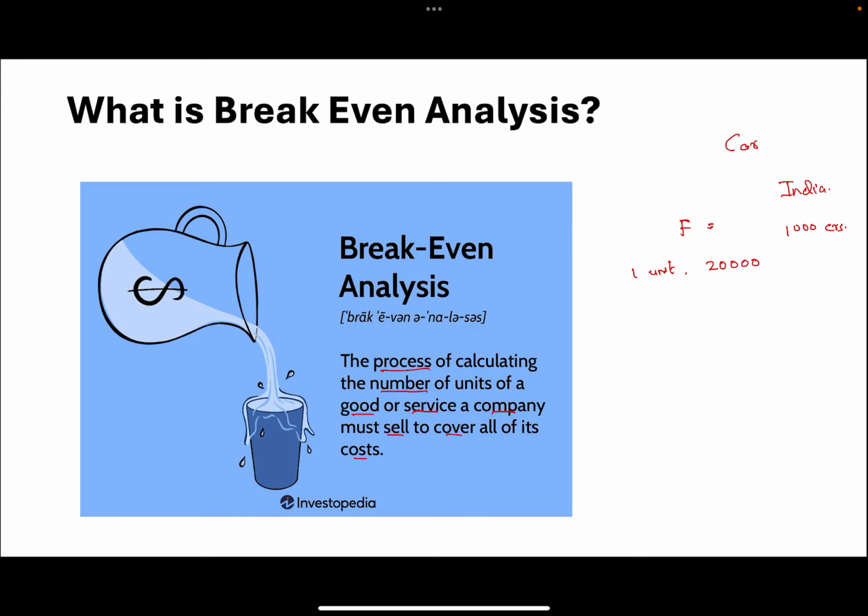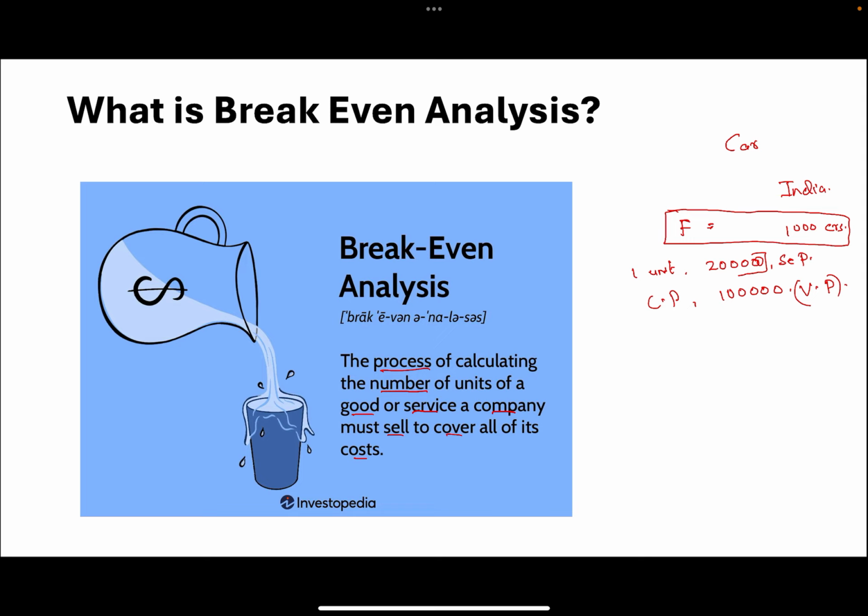First I told you about the fixed cost, for setting up the factory and all other things. This is the selling price, 20 lakh. To make this car, suppose it incurs a cost of around maybe 10 lakh. This is called the variable cost.